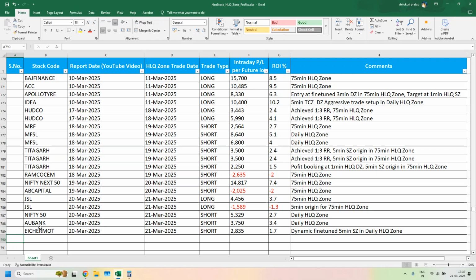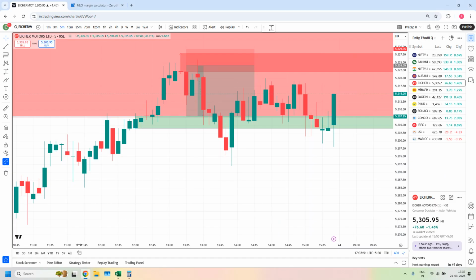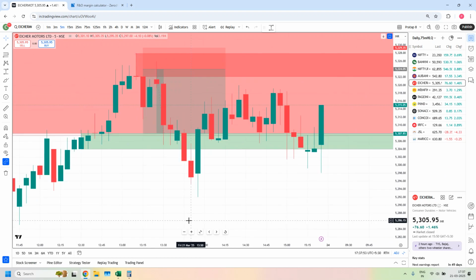Maybe this zone might have helped us improve our statistics. Of course, it helps the statistics only. Sometimes I will also see, I am also human, I will also make mistakes. But I have to admit my mistakes when I make them. If I don't admit, because you are listening to my explanation, you will also make those mistakes.